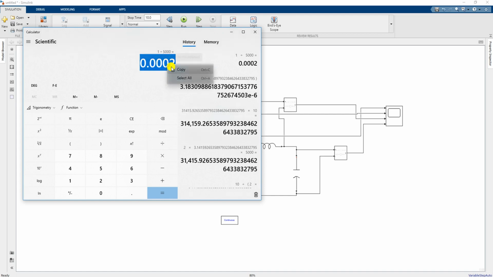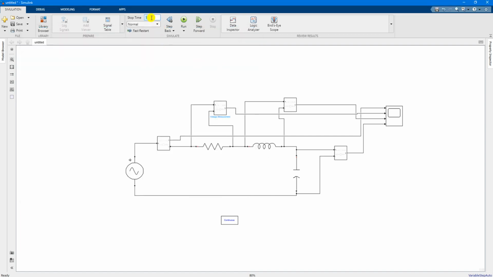I would like to simulate 2 cycles, so like this, 0.0004. So the time is double the periodic time, which means we are seeing 2 cycles.